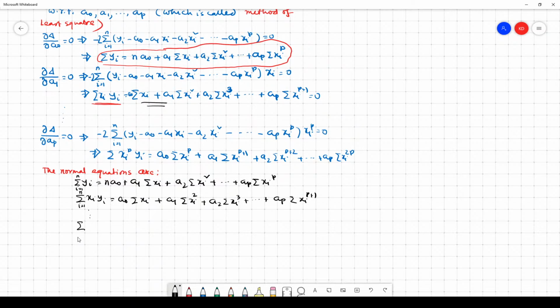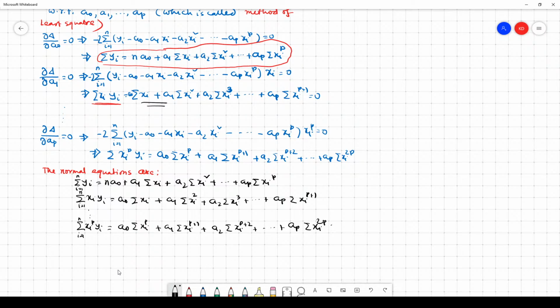And this is the last normal equation: summation i from 1 to n xi to the power p yi equals a naught summation xi to the power p plus a1 summation xi to the power p plus 1 plus a2 summation xi to the power p plus 2 plus ... plus ap summation xi to the power 2p. Okay.